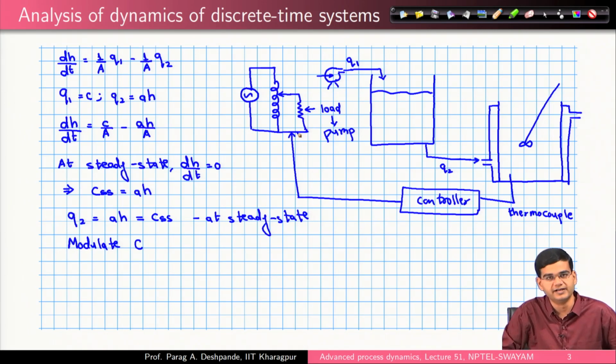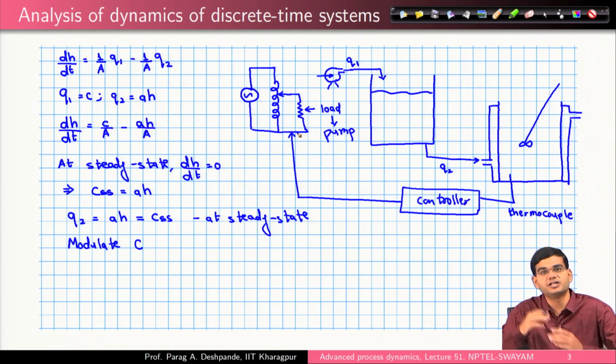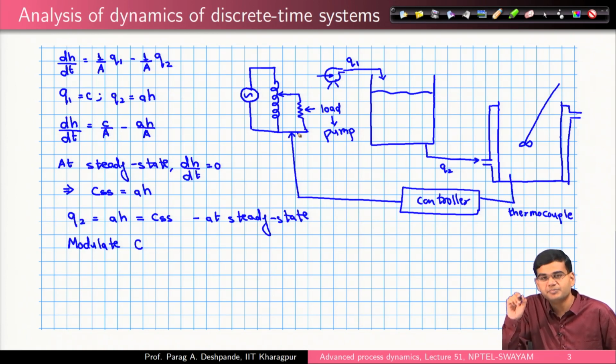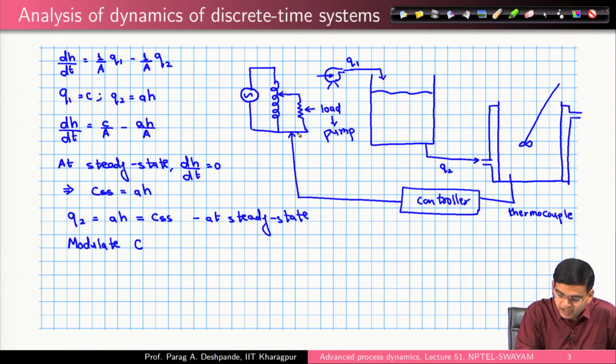Again, we are in continuous domain. You equip the system with a thermocouple which would generate a voltage, EMF, again a continuous signal. But this temperature, which is the actual system temperature, is fed to the controller, and the controller will also have the set point.